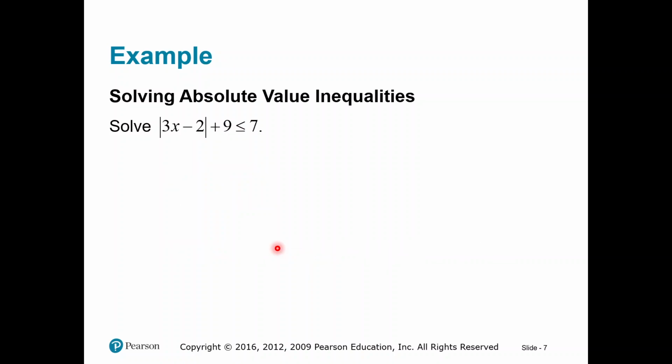What about something like this? The absolute value of 3x minus 2, and then plus 9, less than or equal to 7. First, let's subtract the 9.